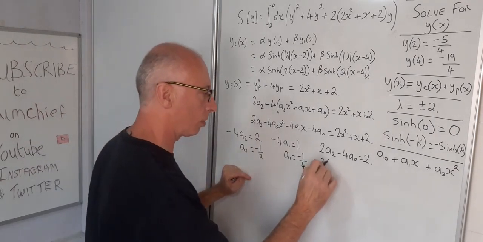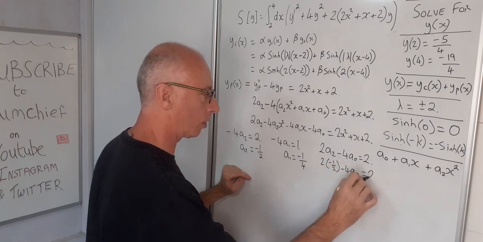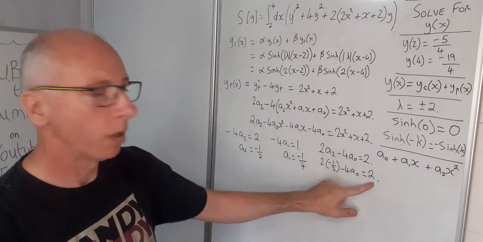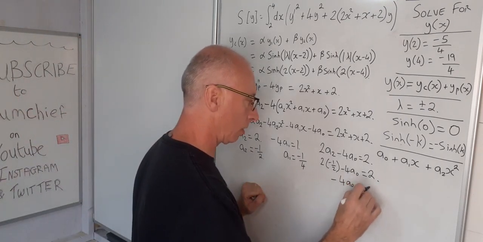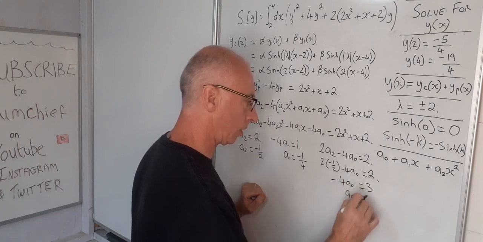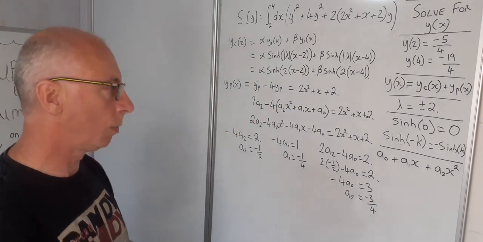So we've got 2 times minus 1/2 minus 4a0 equals 2. This we now know is minus 1. Bring to the other side, we've got minus 4a0 equals 3. Divide both sides by minus 4, and a0 equals minus 3 over 4.